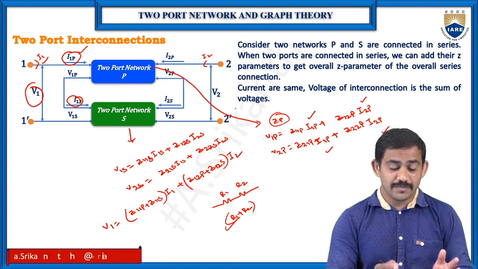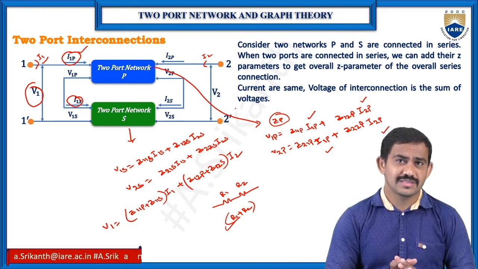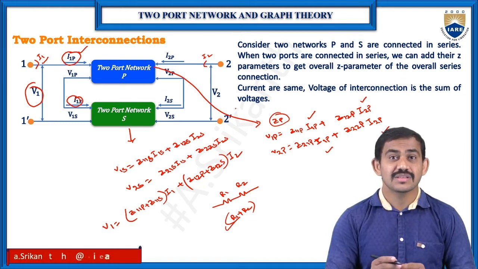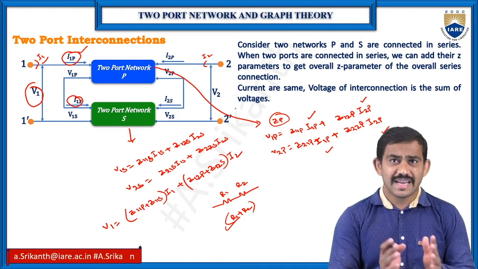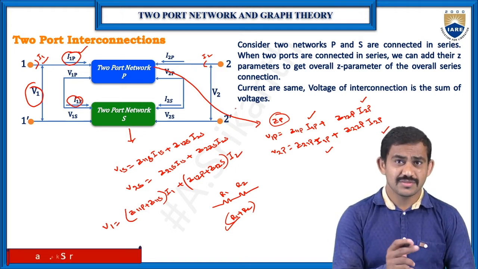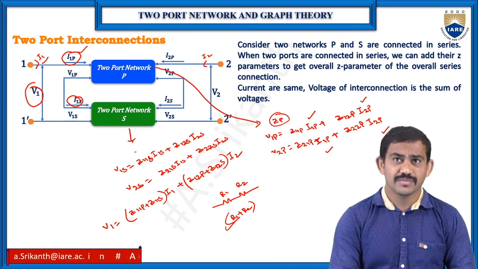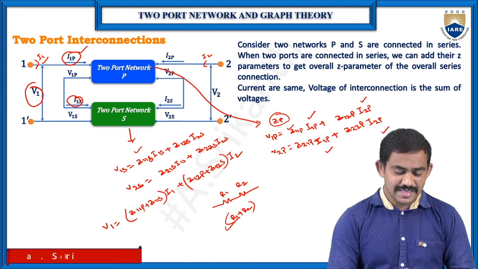The currents are the same for the two-port networks. So when both are in series, the P network and S network impedance values, Z11 and Z12, are added.